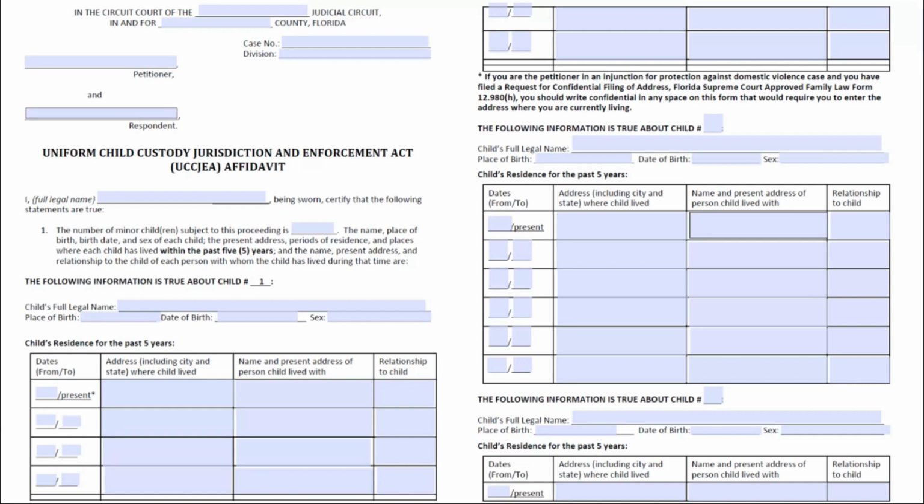Once you have completely filled out all of the information that is applicable in your case for all of the children that are subject to this proceeding, then you are ready to move on to section number 2 of the UCCJEA affidavit.